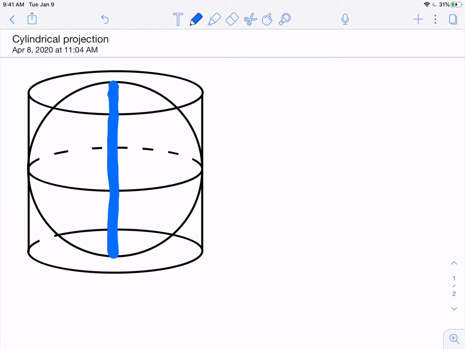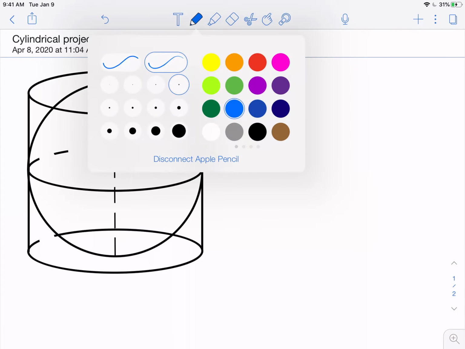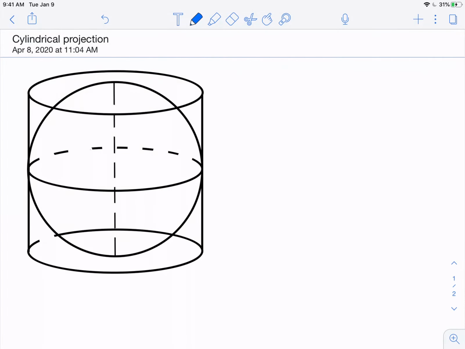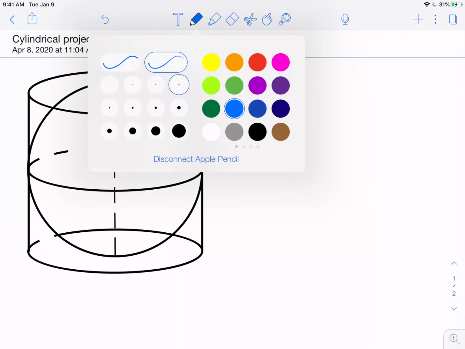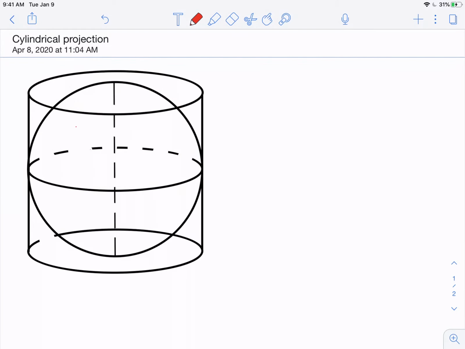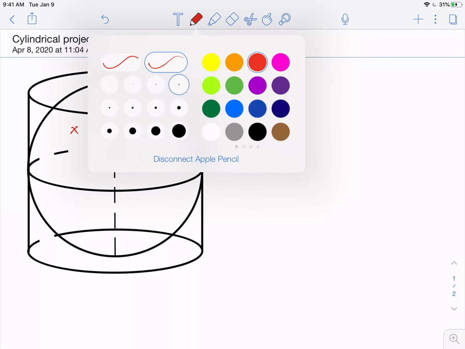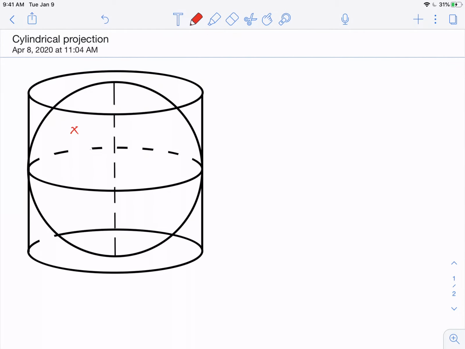So from here, you're shining your light out through the sphere onto the cylinder. So let's say I have a point right here on the sphere. I look at whatever height that point's at, and I draw a line through that point from the same height on the z-axis, and then I continue until it hits the cylinder, and that's my map.